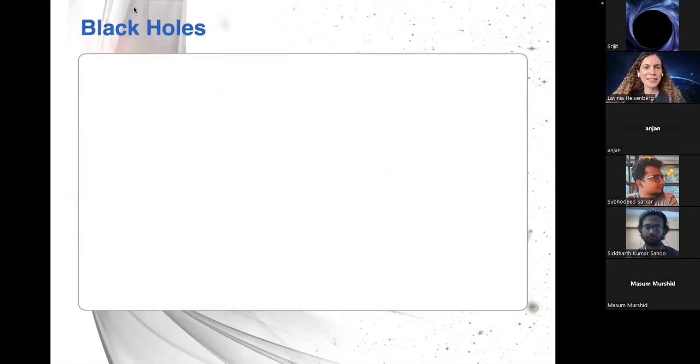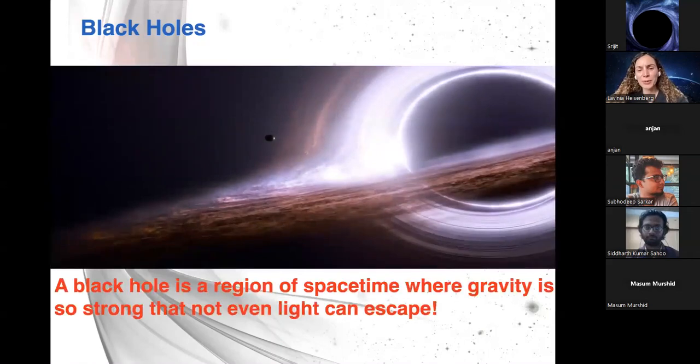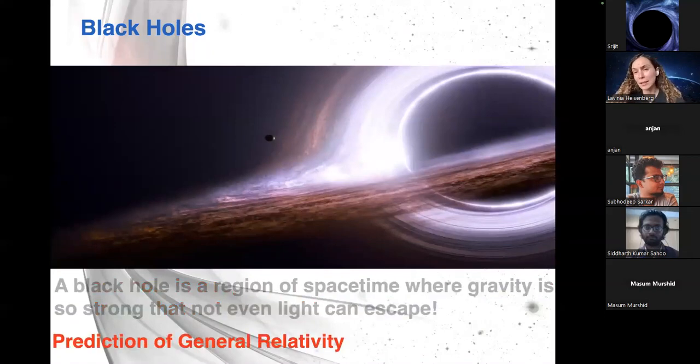As you know, when we talk about gravitational waves, the main progenitors are black holes. What are black holes? We all know a black hole is a region of space-time where gravity is so strong that not even light can escape, and this is a direct prediction of general relativity.